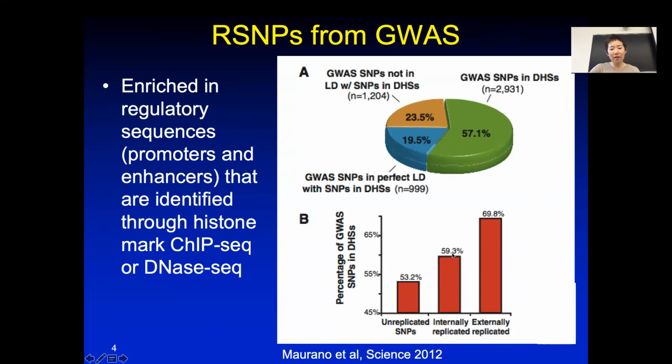Yeah, whereas those unreplicated SNPs are less likely to reside in those regions. So the real ones are probably going to be related to transcription factor binding. And because of all these findings, people now are looking very heavily into ChIP-seq, looking at the transcription factor ChIP-seq, histone mark ChIP-seq, and the DNase hypersensitivity regions now.